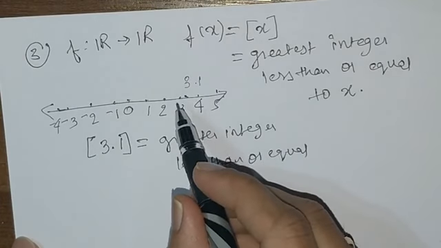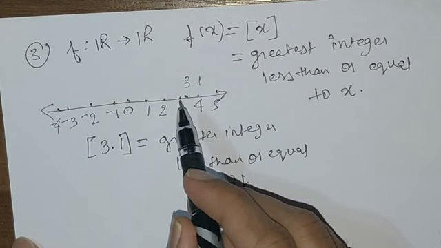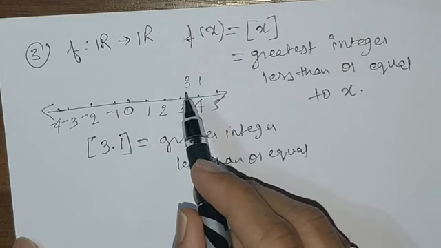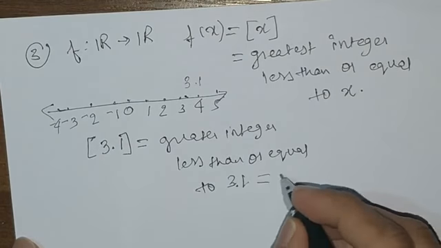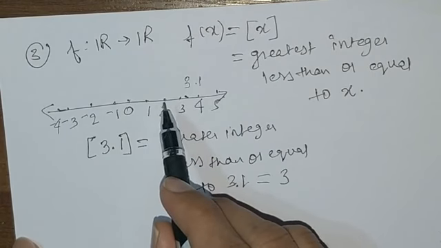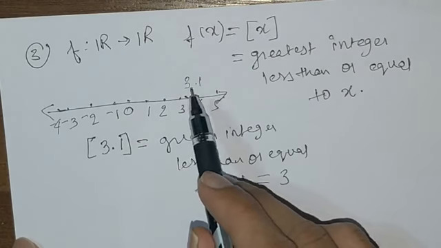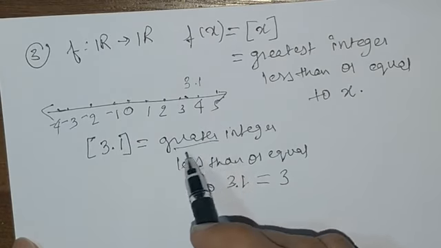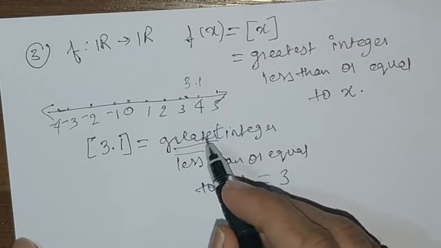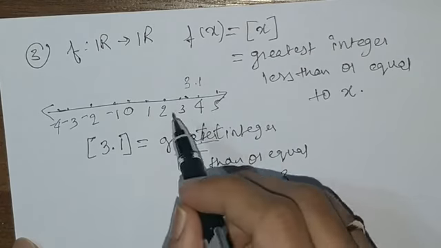So an integer which is less than 3.1 and which is the greatest, it will be 3. There are integers which are less than 3.1, like 2, 1, 0, minus 1, minus 2, all these are less than 3.1, but we have to take the greatest integer which is less than or equal to 3.1, so it will be 3.